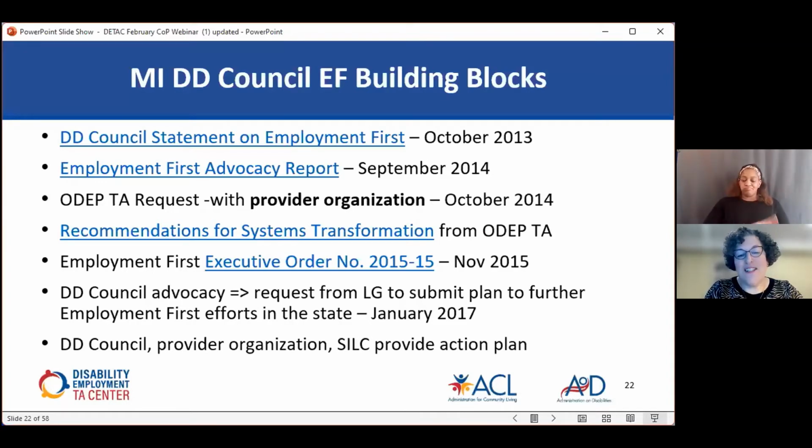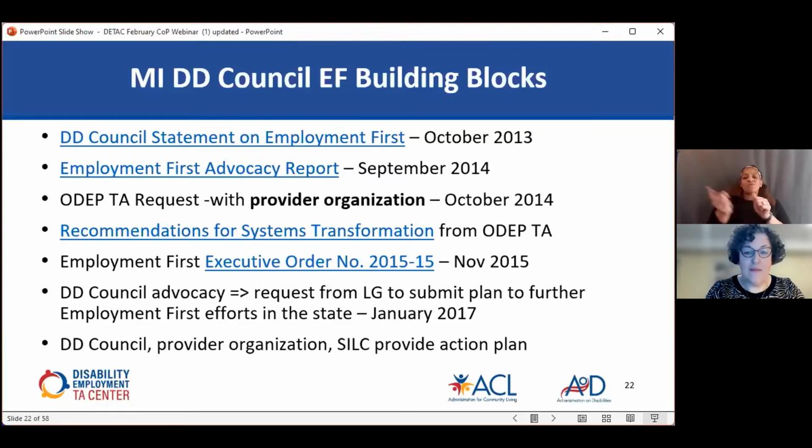So I'm here to tell you a bit about the Michigan DD Council's work with value-based purchasing. We began our Employment First advocacy in 2013 by adopting a position paper on Employment First, followed by an advocacy report in 2014. In January 2015, the Michigan DD Council applied for and received a technical assistance initiative, which served as the underlying framework which supported Employment First in Michigan through the Office of Disability Employment Policy.